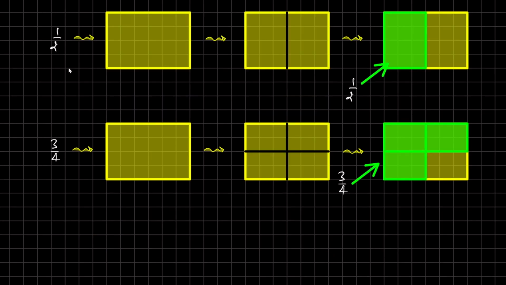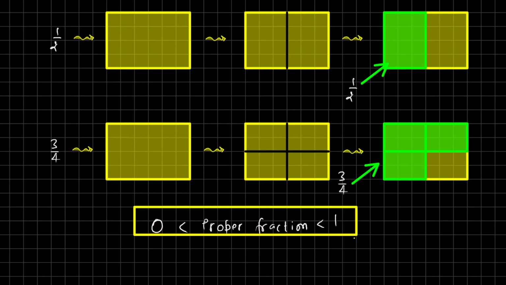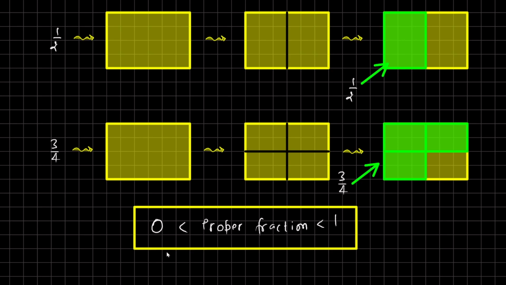Since these numbers are representing something and they are positive, they are greater than 0. But they are representing some part of one whole object, so they are less than 1. So proper fractions are always in between 0 and 1.